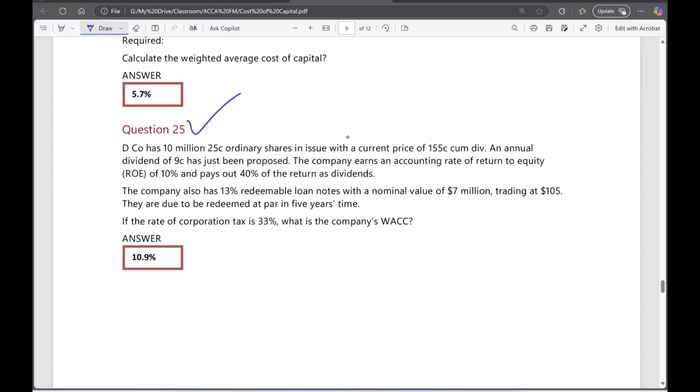So we have only these two securities here. So what we have to do, find the value of equity, value of debt, and find the cost of equity and cost of debt. That's it.